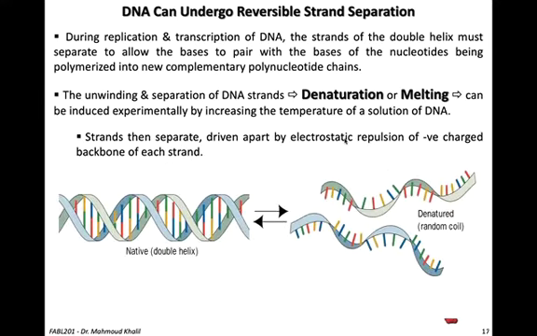You can see here that the double-stranded native DNA can be denatured, leaving every single strand by itself, and you can induce this process through the use of temperature. The temperature will break the hydrogen bonds, leaving the single strands. And once the single strands are in solution, they usually form random coils.